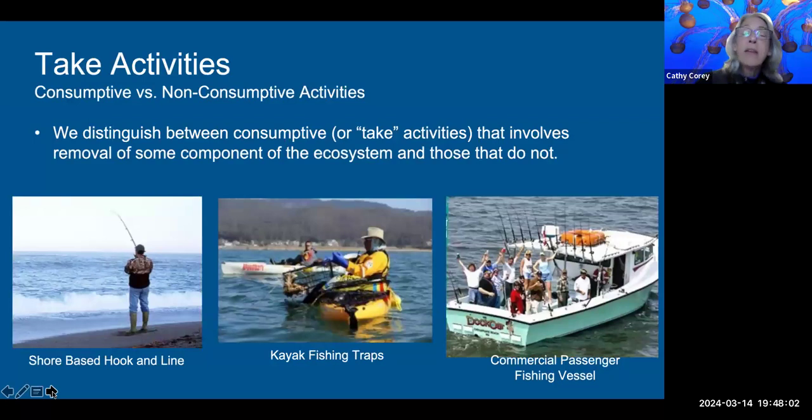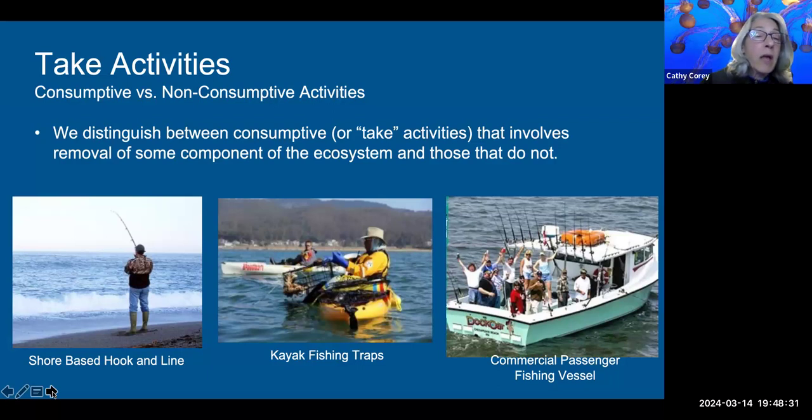So we like to refer to consumptive activities as take activities. This is when you're removing a resource, mostly a biological resource, from the area. And we do distinguish between those consumptive activities versus non-consumptive. So here we have examples of 3 different types of take activities. Bottom left is a shore-based activity.